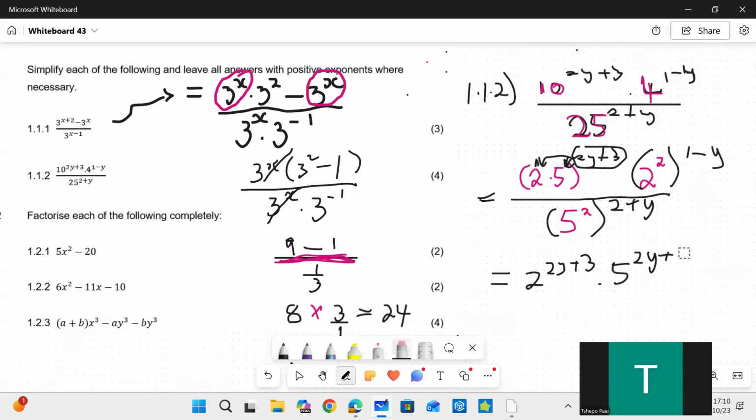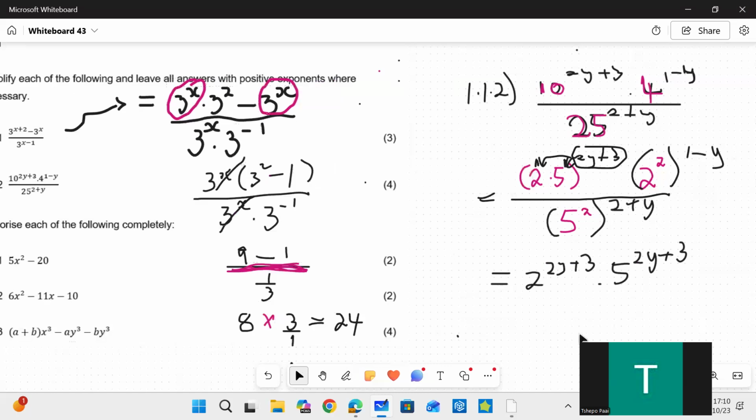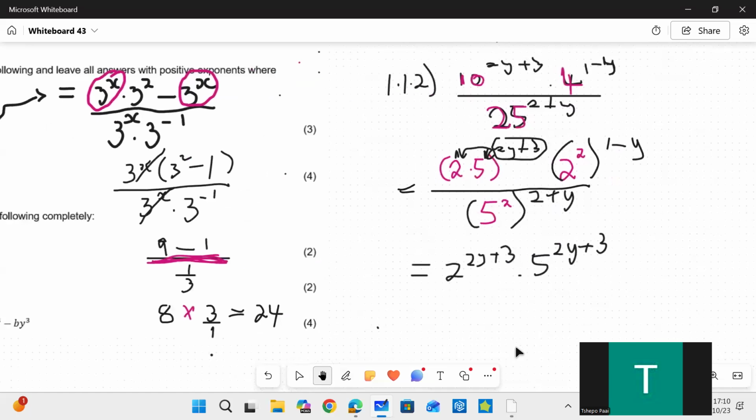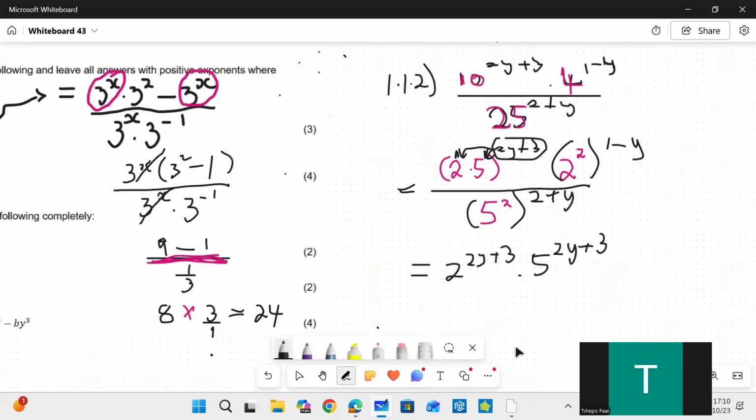Let me just erase here. 5 to the exponent 2y plus 3, all over this 2 times y.